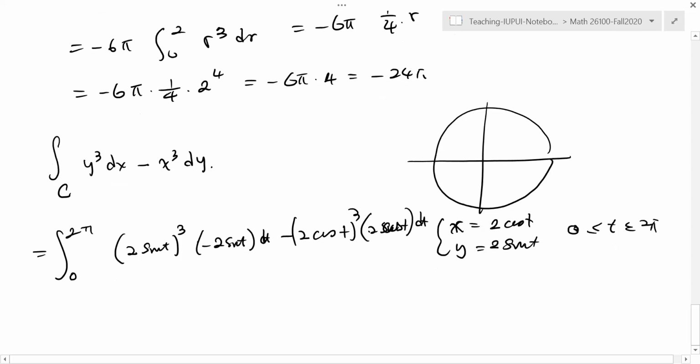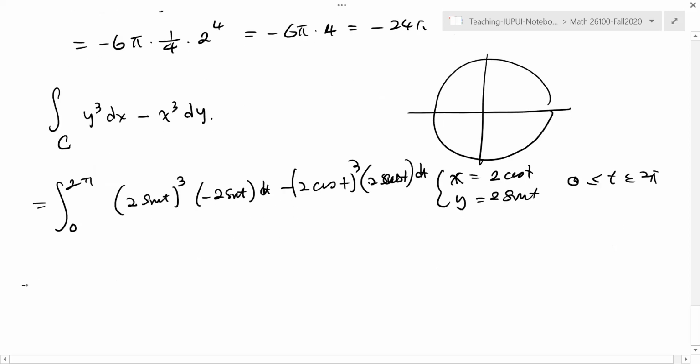So you have the same dt and a negative sign, so you can take negative 2 to the 4th power out. Then you get sine to the 4th power plus cosine to the 4th power, dt.